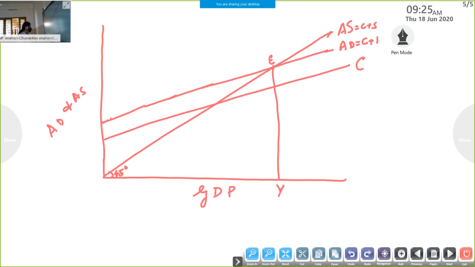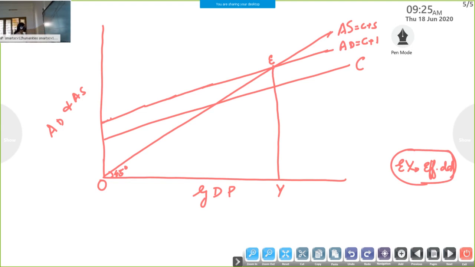Here OY shows the equilibrium level of income, or we can say one more name, effective demand. EY shows effective demand. So this is the equilibrium position.